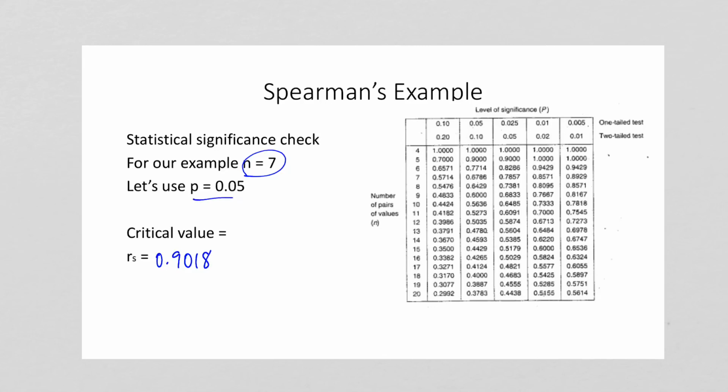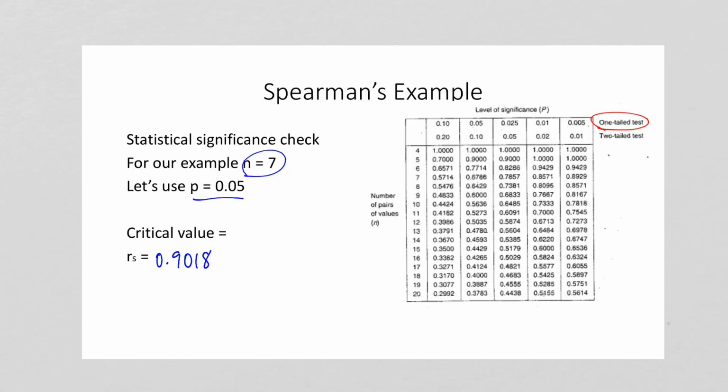We're going to use p is equal to 0.05. That should always be our default unless the question tells us to use a different column, so we know which column we're going to take, and we know that our RS value is 0.9018. Now you'll notice that there is one-tailed and two-tailed tests in this example. You do not need to worry about that. That doesn't come up on A-level biology. We know that our correlation is going to be positive, so we're only looking on one side.